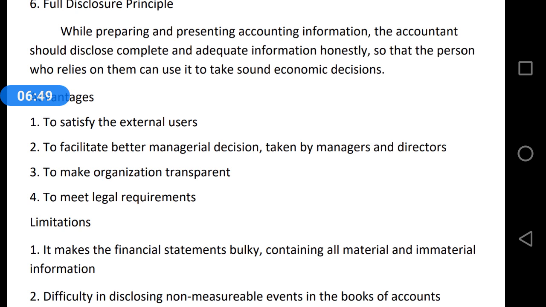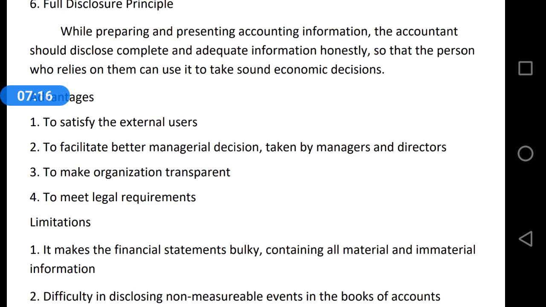So full disclosure of accounting information will help shareholders to take effective decisions, and to facilitate better managerial decisions by managers and directors as well, and to make the organization transparent and to meet legal requirements.